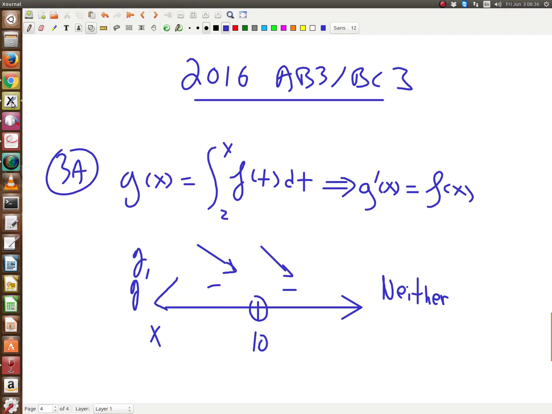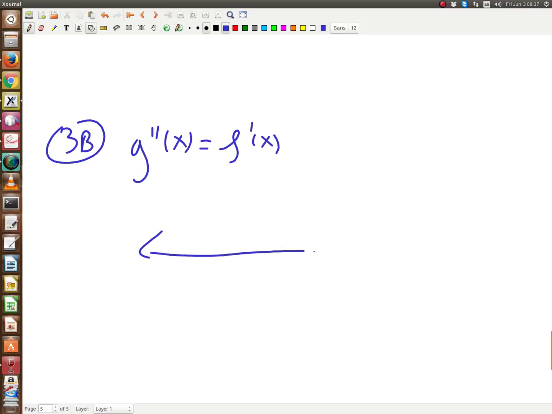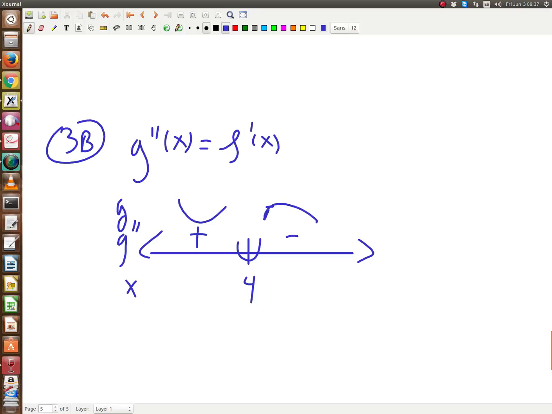We're going to say, okay, 3b. Well, if g prime is f, then g double prime is f prime. So if you do a sign line test at x equals 4, g double prime is undefined there. But for x less than 4, g double prime was positive, and after 4, g double prime was negative. So g itself is concave up and then concave down.